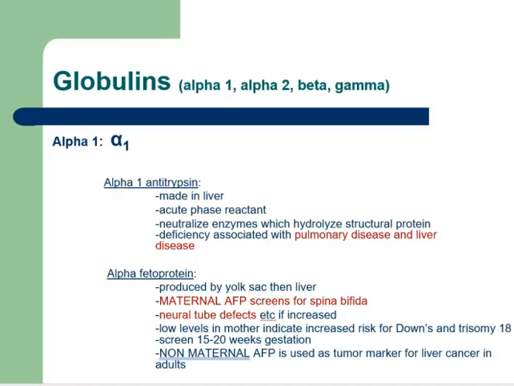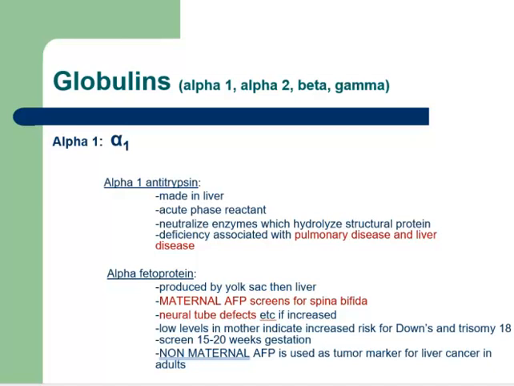It can be increased or decreased by 25%. Alpha 1 antitrypsin can neutralize enzymes which hydrolyze structural proteins. If you have a deficiency in alpha 1, it's associated with pulmonary disease and liver diseases. Examples of pulmonary disease might be emphysema.